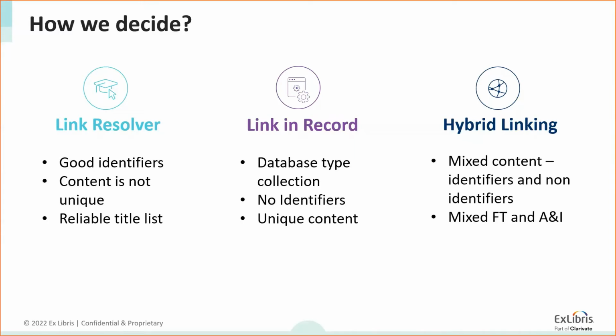The hybrid linking is another, this is the new method that we actually introduced. And we saw that we have collections with mixed content. Many times these are actually the big collections of the top providers, for example ProQuest Central or ABI Inform, and some of the big Gale collections.